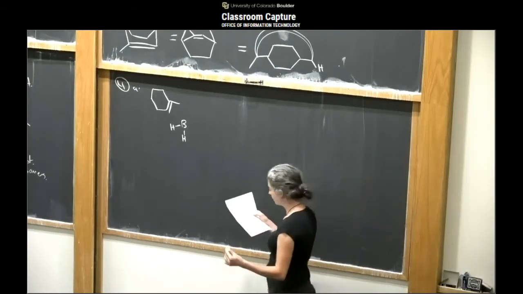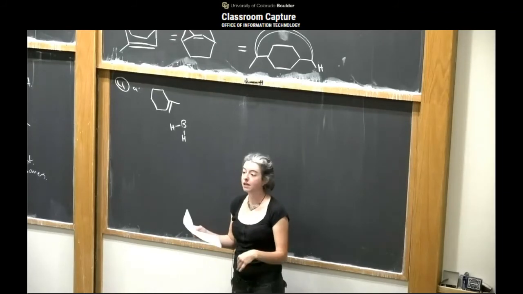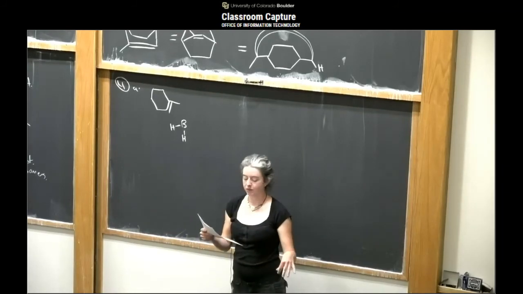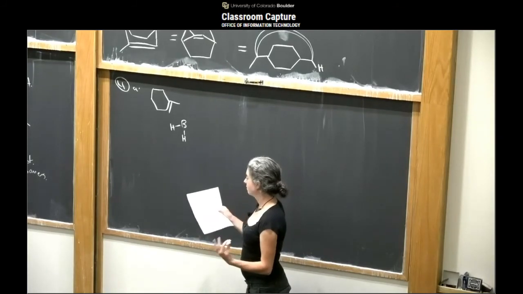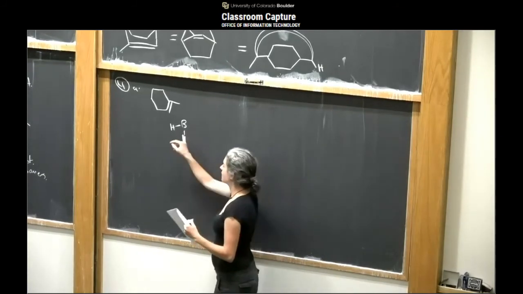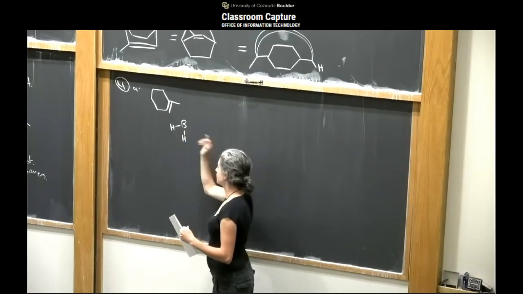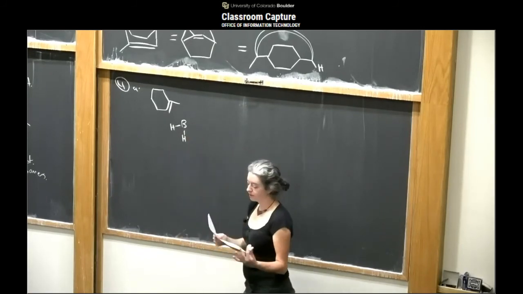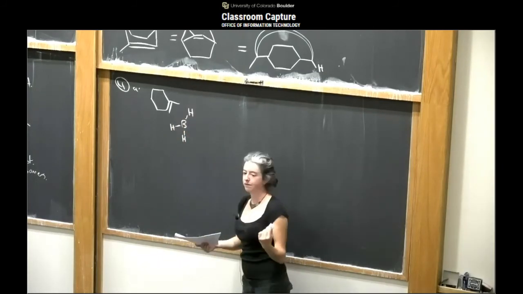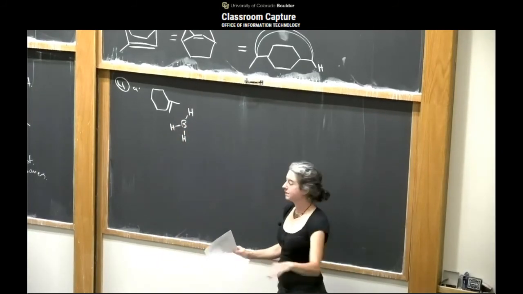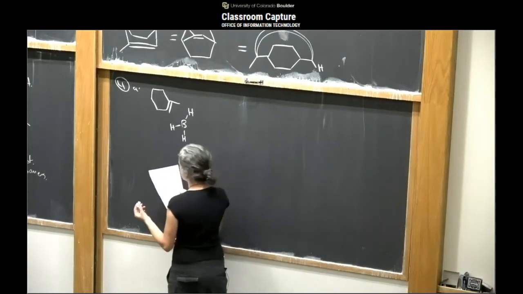Like oxymercuration reduction, I only covered the mechanism for oxymercuration but not for reduction. And hydroboration oxidation, which is this one, I only covered the mechanism for hydroboration but not for oxidation, which is why I'm only showing you the reagents for the first half of the reaction, so you're not going to go all the way to the end of the final products for this.